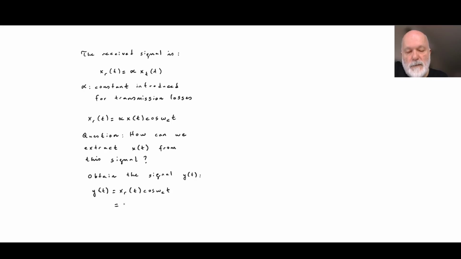In other words, it will be equal to alpha x of t cosine square omega c t. But we know that cosine square t is just 1 over 2 plus 1 over 2 cosine 2 omega c t.